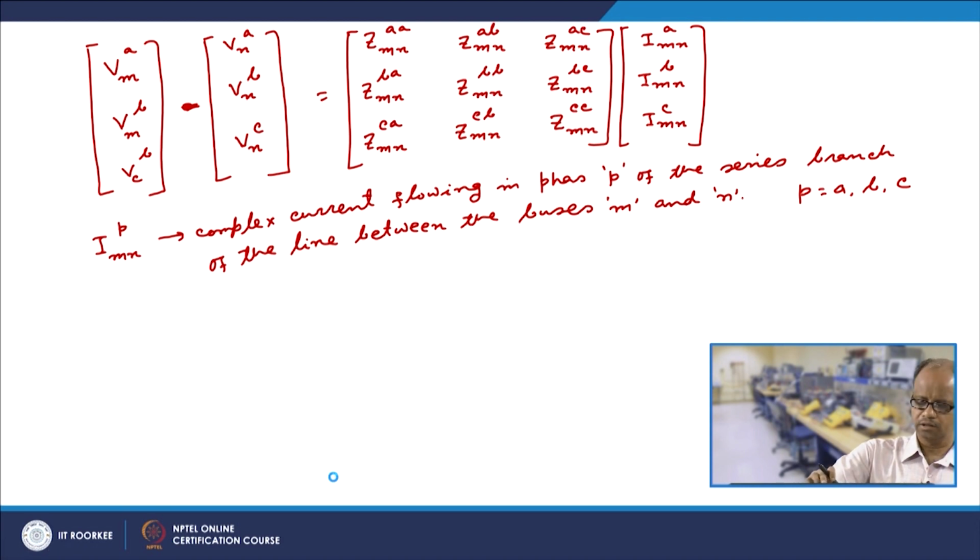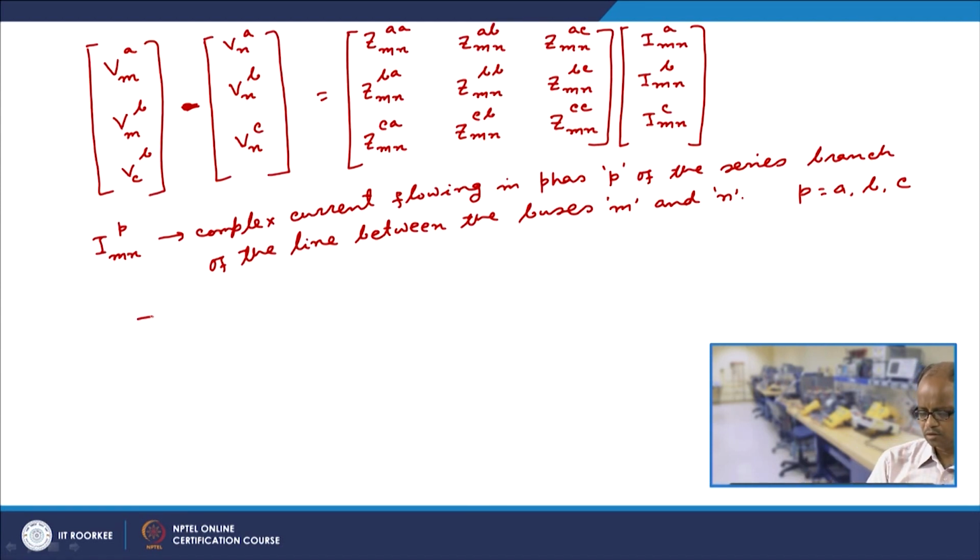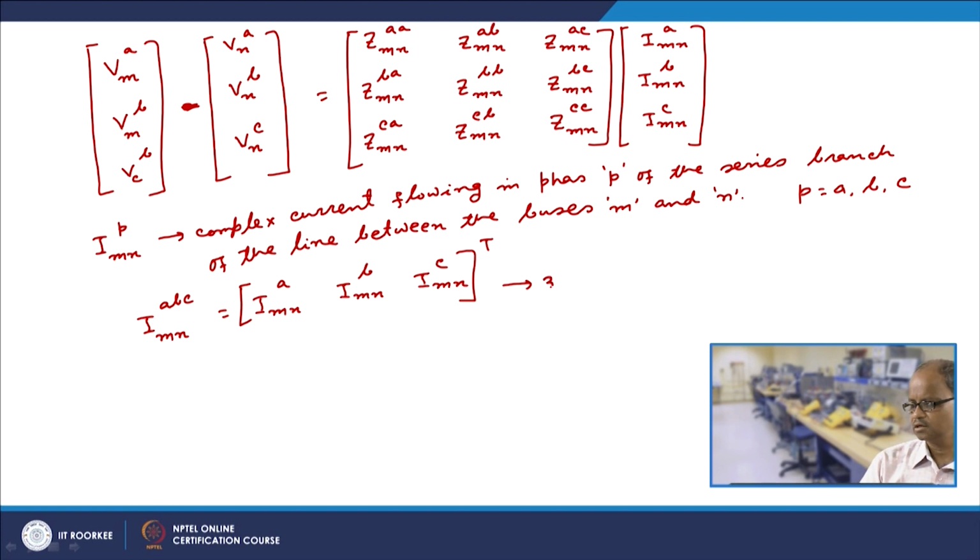So, here when we are writing IMN ABC, we must note that IMN ABC is actually a vector, and this is Imn A, Imn B, Imn C transpose. So, this is again a 3 cross 1.